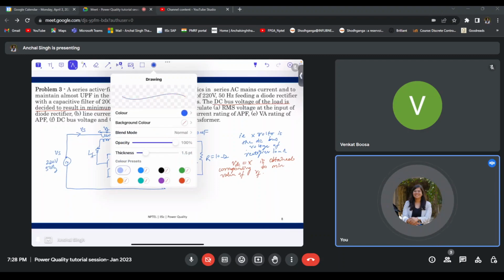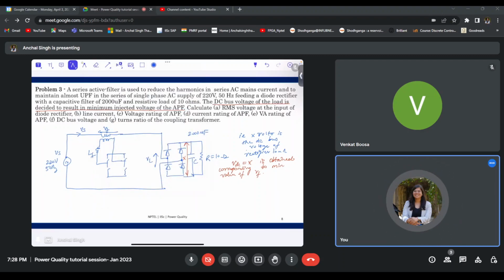In order to start, let us first write down the expression of Vf. Vf is the RMS value: 1 by pi, integration from 0 to pi, of 220 root 2 sine theta minus the DC link voltage x, whole square, d theta. This is our expression for Vf.